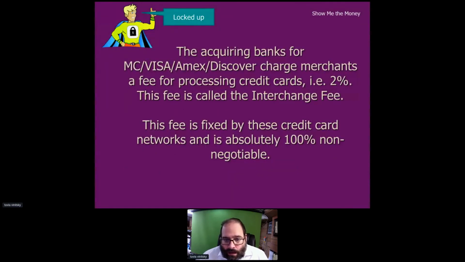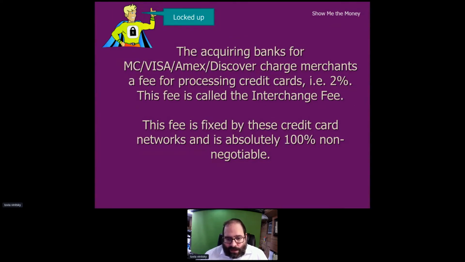The fee for credit card processing is something called an interchange fee. If you've ever read in the Wall Street Journal or a business publication that MasterCard or Visa is thinking of raising the interchange fee, and you've noticed it doesn't seem to affect you, that's because it may or may not affect you. The acquiring banks who process the transactions between the different banks, they set something called the interchange fee.